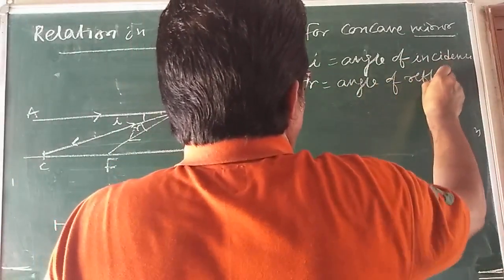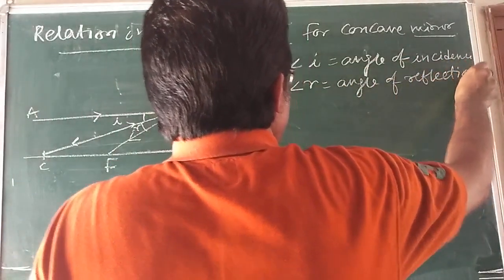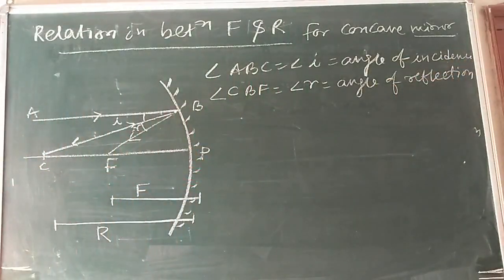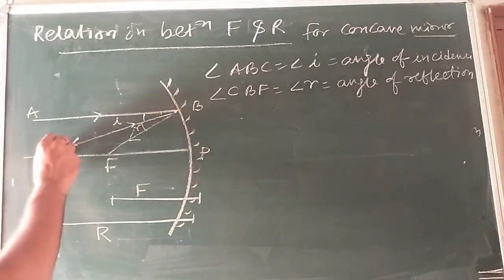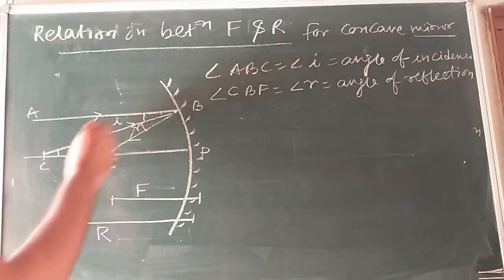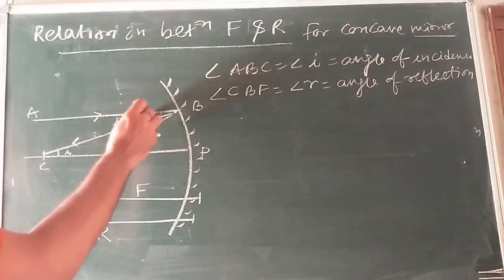Now, dear children, you can see here angle BCF. This angle is I, so this angle is also I because these are alternate angles.